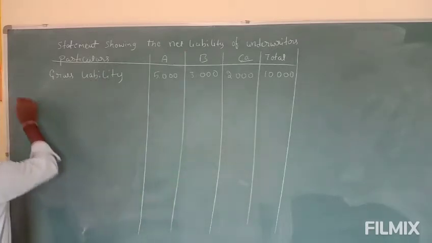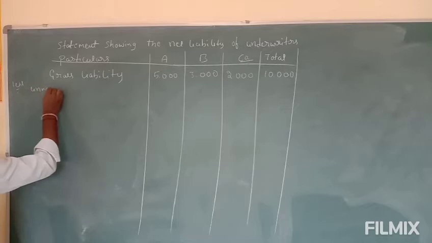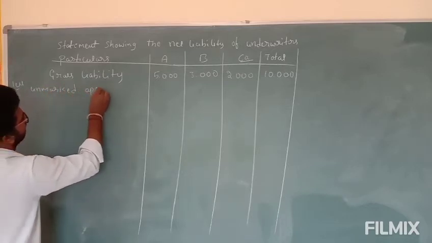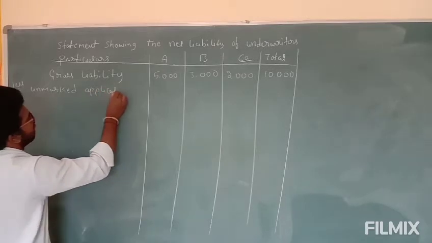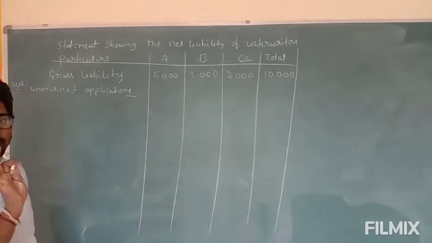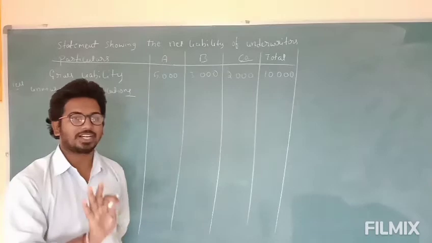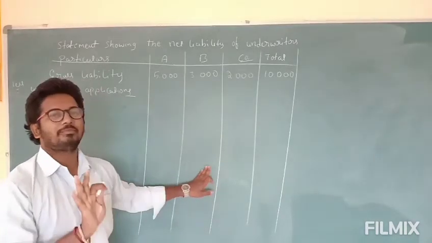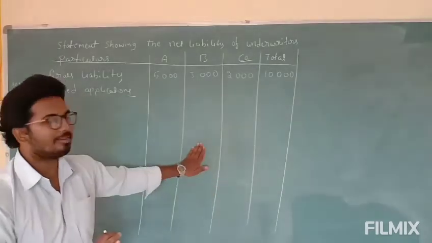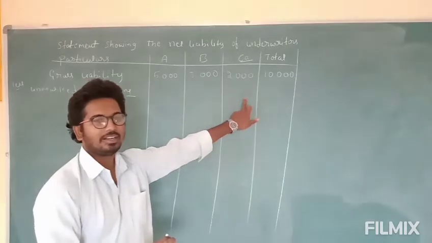In that, less unmarked applications. We already found the unmarked applications, and note that when we are doing partial underwriting, whatever unmarked applications we found or calculated in the question, that entire amount relates to the company only.